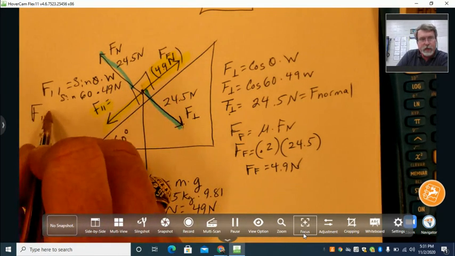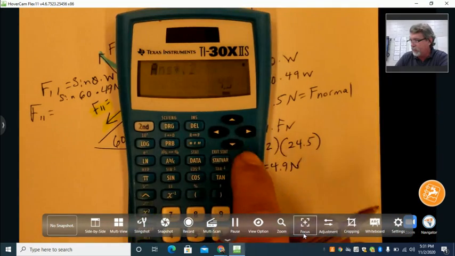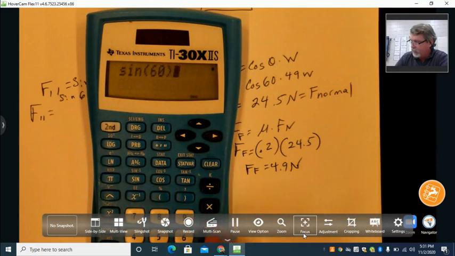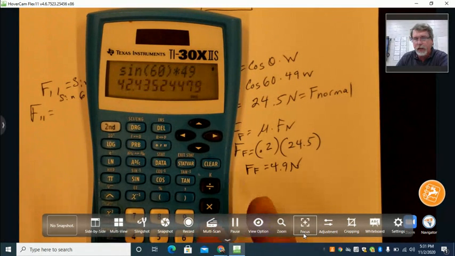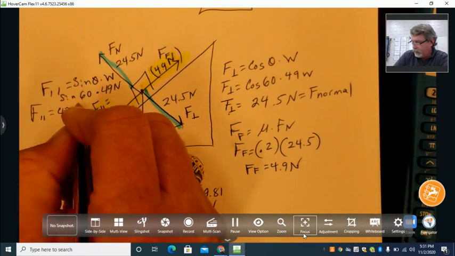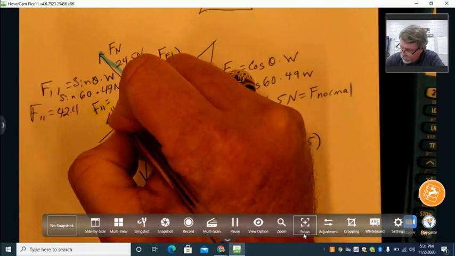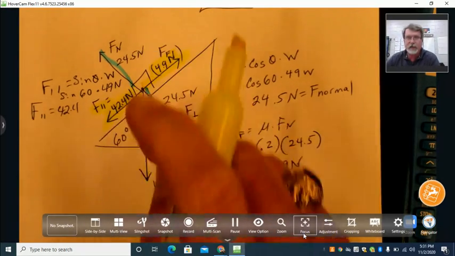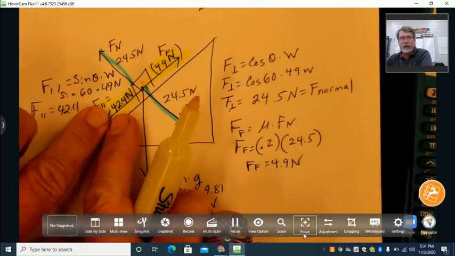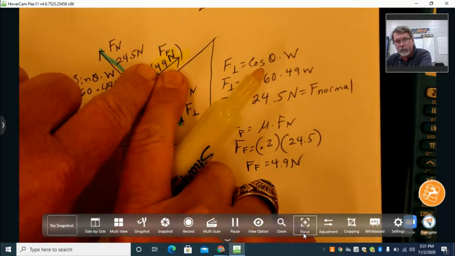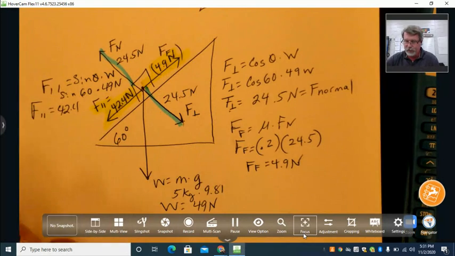So we'll go sine 60 times 49, and we get 42.4. So we have 42.4 newtons going down the ramp. I hope you guys see this. Gravity's pulling it down with 42.4, and it's creating a friction of 4.9.